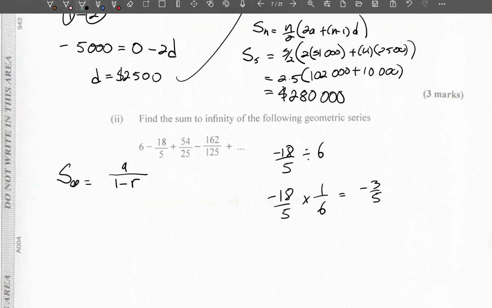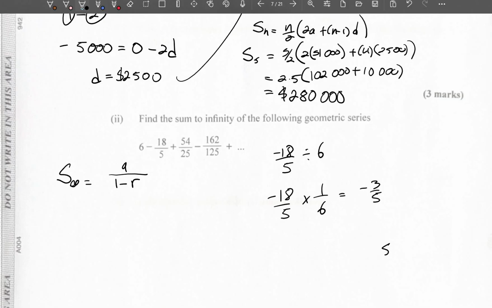Right, we could double check this by trying two other consecutive numbers. 54 over 25 divided by 18 over 5 is the same thing as multiplying by 5 over 18. This is negative. So this will give us, we get 5 here, we get 1 here, we get 3 here. Yes, the common ratio is indeed minus 3/5.